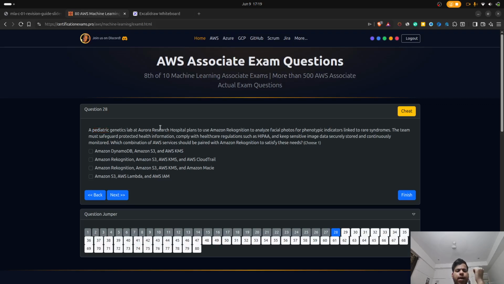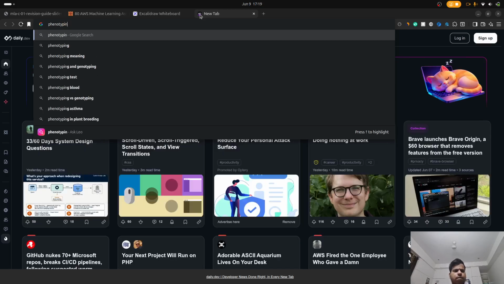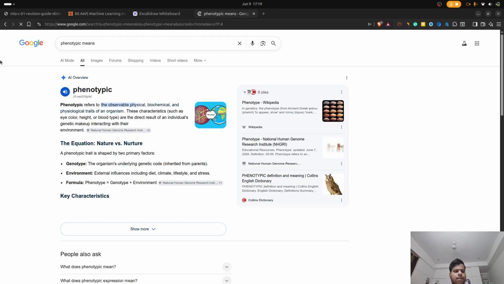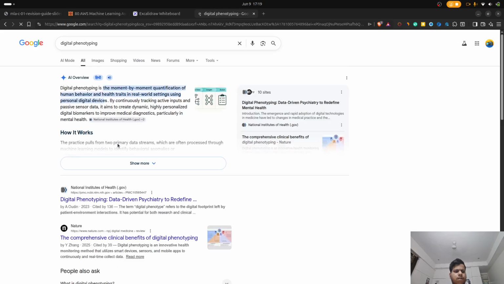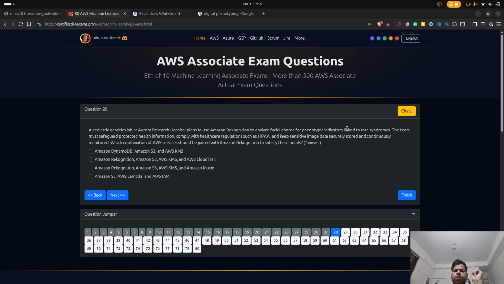A pediatric genetics lab at Aura Research Hospital plans to use Amazon Rekognition to analyze facial photos for phenotypic analysis. What is phenotyping? S3, KMS and Macie.